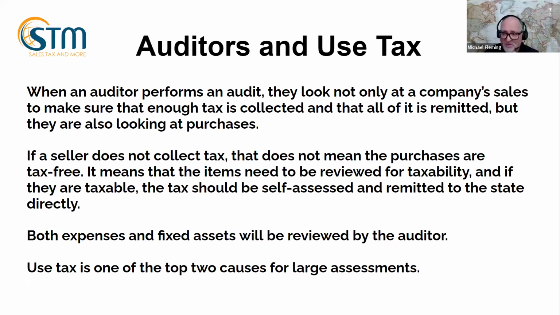If it's a taxable item, you're supposed to self-assess and remit it to the state yourself. So the auditors want to make sure that you're doing that. This is how it becomes the number one or two issue in an audit, because purchasing departments usually don't do a great job tracking what they're purchasing and making sure that the tax is paid.